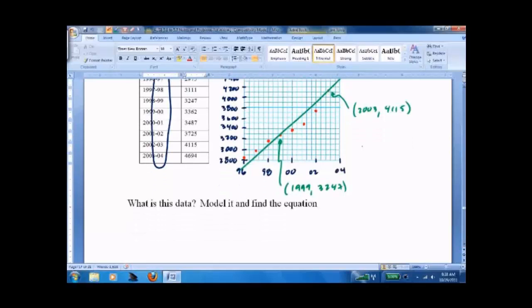Find the slope first. X1, Y1, X2, Y2, M equals 3247 minus 4115 over 1999 minus 2003.